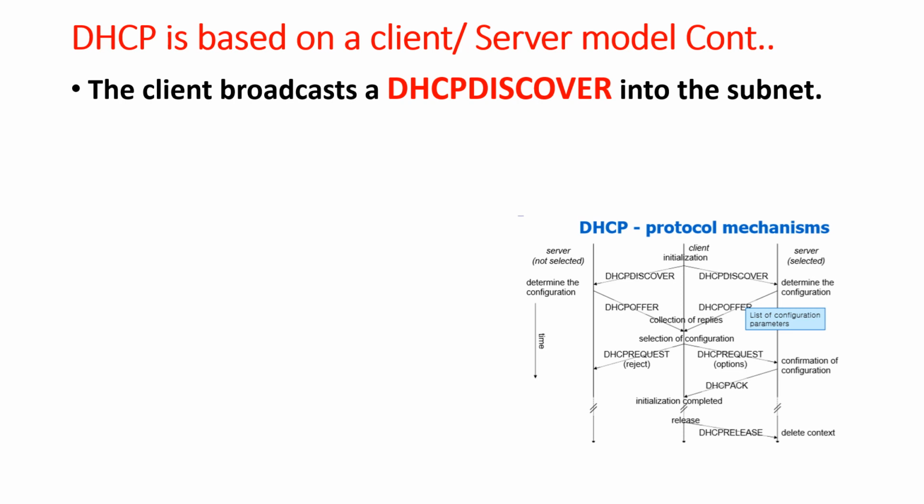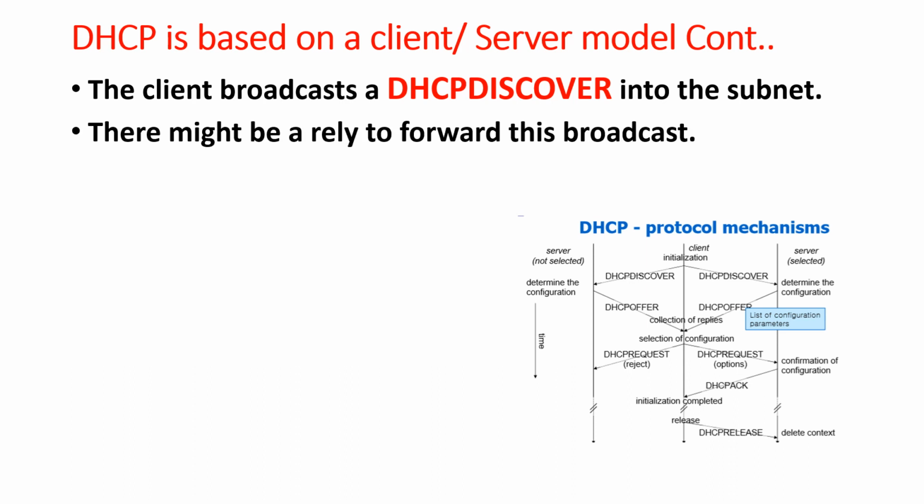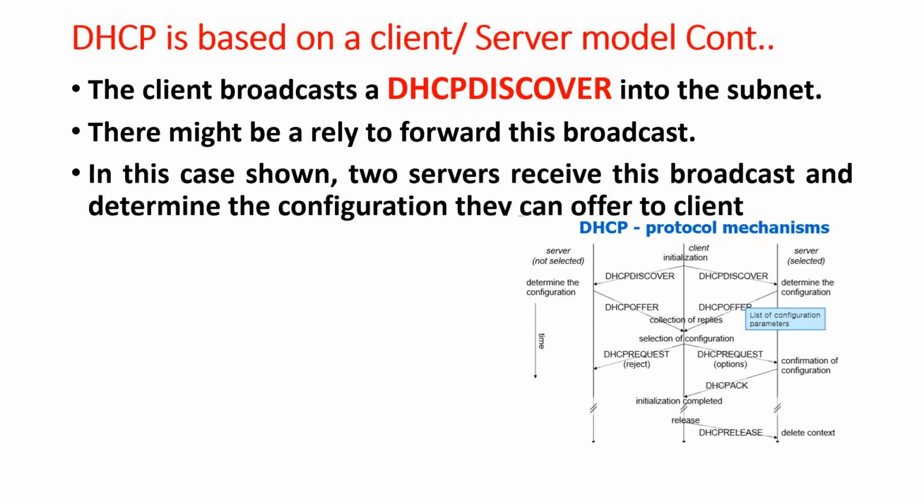The client broadcasts a DHCP Discover into the subnet. There might be a relay to forward this broadcast. In this case shown, two servers receive this broadcast and determine the configuration they can offer to the client.